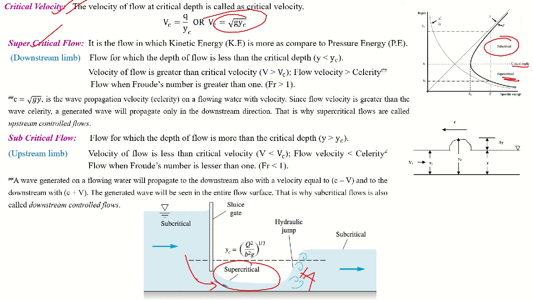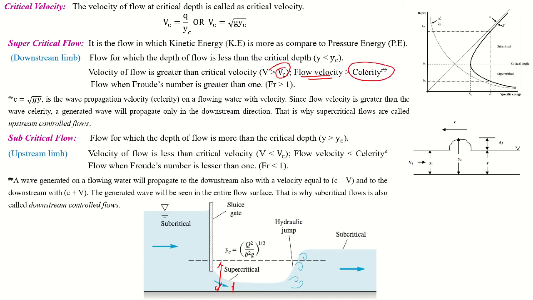In this condition, kinetic energy is more compared to pressure energy. The depth of the flow is always lesser than your critical depth, the velocity is always more than your critical velocity, and the flow velocity is always more than your celerity. We'll discuss what celerity means now. Also, the Froude number is more than 1.